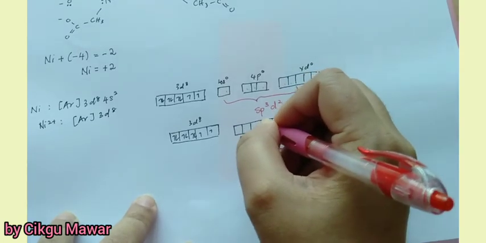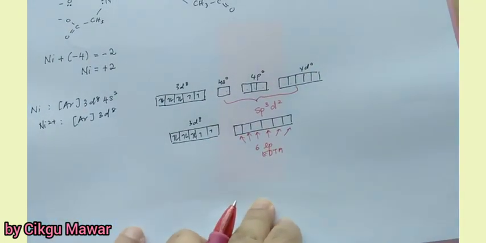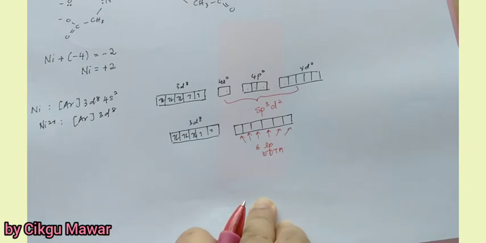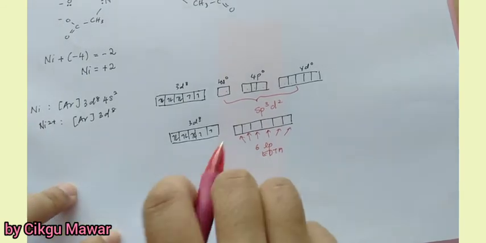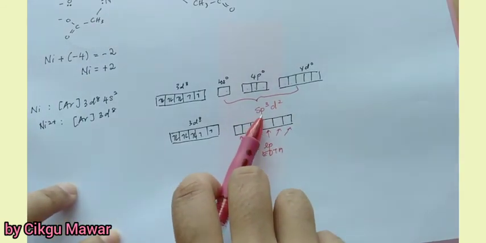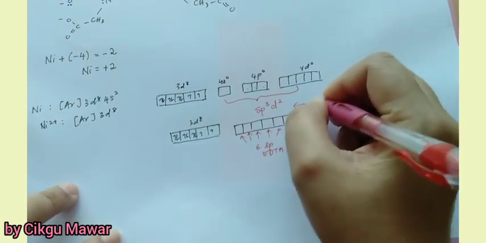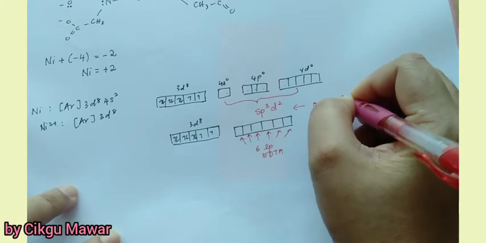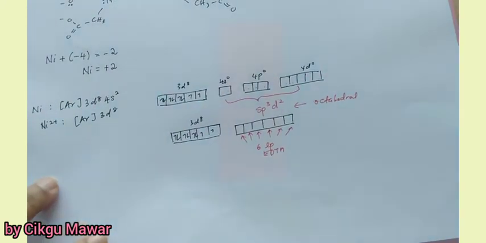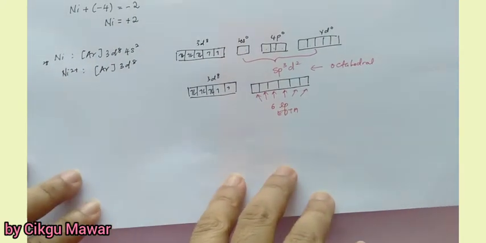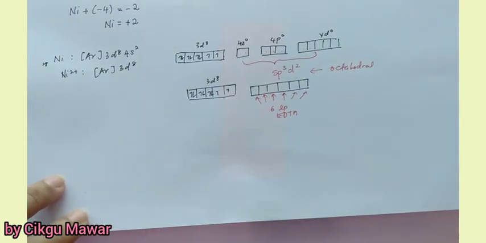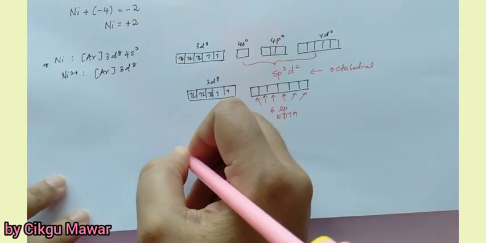From this kind of hybridization we form an octahedral shape. Now let's draw the EDTA complex bonded with nickel.